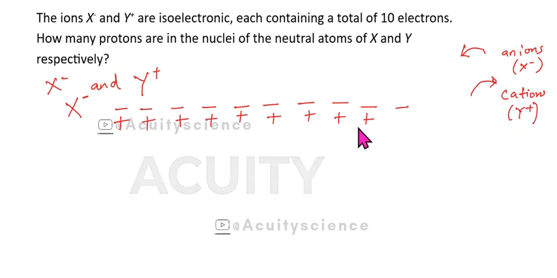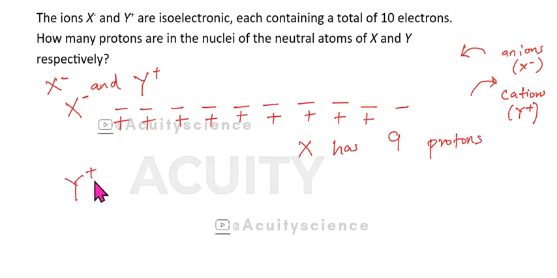So the number of protons you're seeing here has always been the number of protons. Protons don't change. So let's just count: 1, 2, 3, 4, 5, 6, 7, 8, 9. So X has 9 protons. All right, let's go to Y.